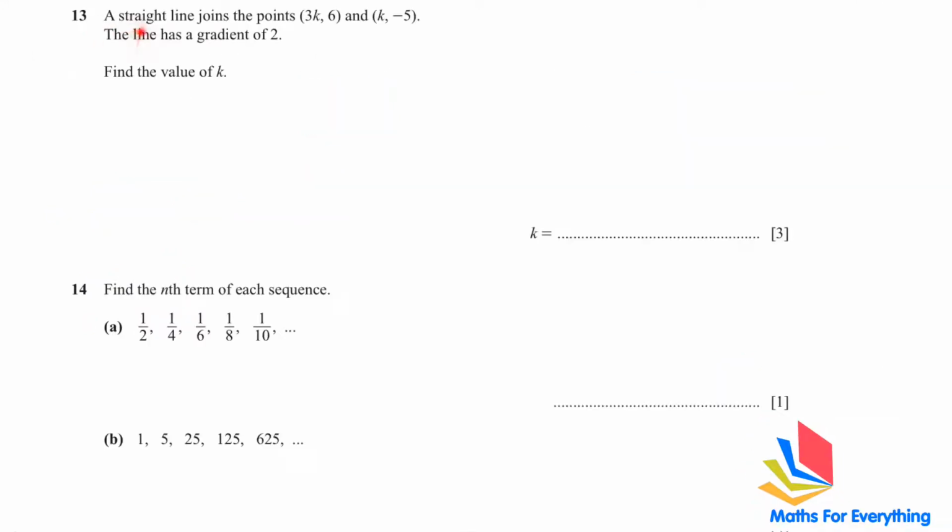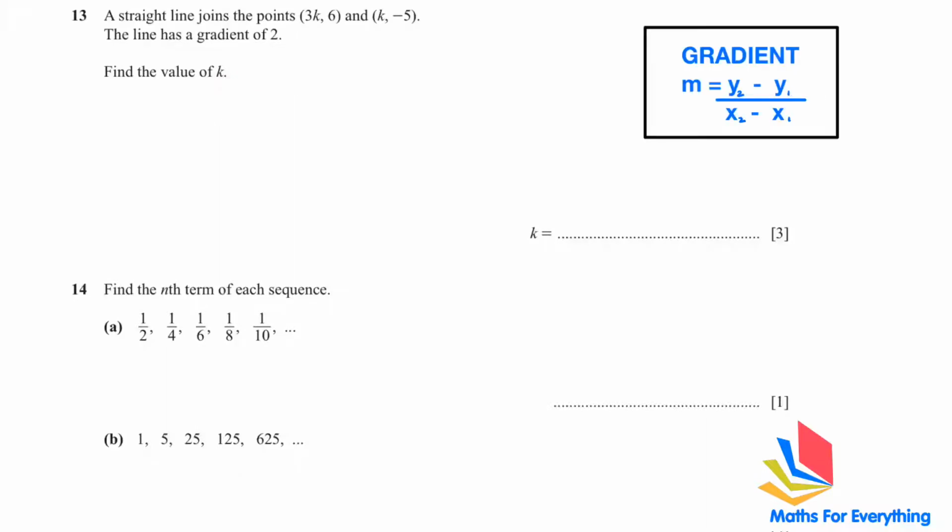Question number 13. A straight line joins the points (3k, 6) and (k, negative 5). The line has a gradient of 2. Find the value of k. To find the gradient, we use the formula y2 minus y1 over x2 minus x1. I find that children get confused in what is x2, y2 and y1. So for that reason, we just write the points this way: 3k and 6, and k and negative 5.